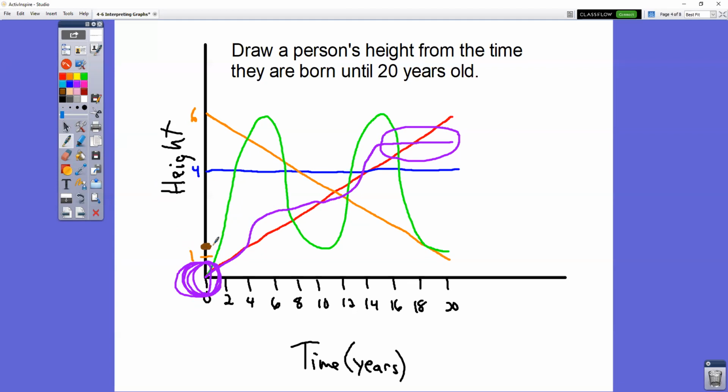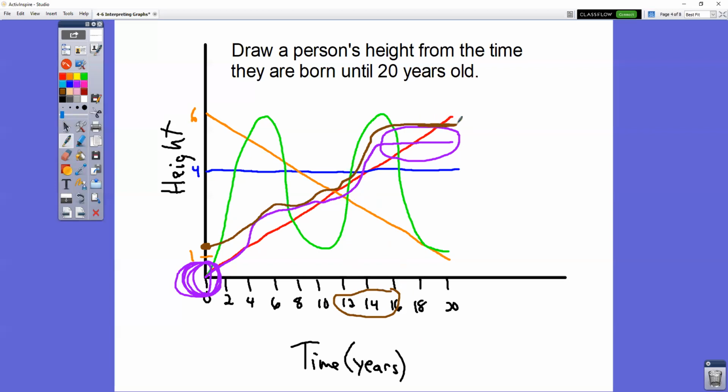You are growing, growing, growing, growing, growing. Some people, and it's not going to be the same. You're not going to grow the same amount. So it's going to be sort of like a little bit of a wavy line. Think about as you've been growing, some years you grow more than other years, but most people, especially when they get down to this like 12, 13, 14, 15 years old, most people have some sort of growth spurt when you become a teenager, but then it sort of levels out at the end.